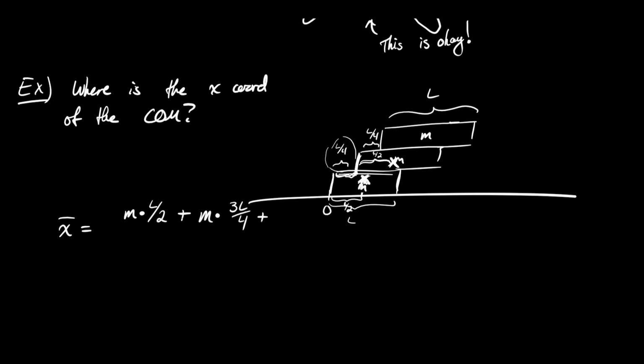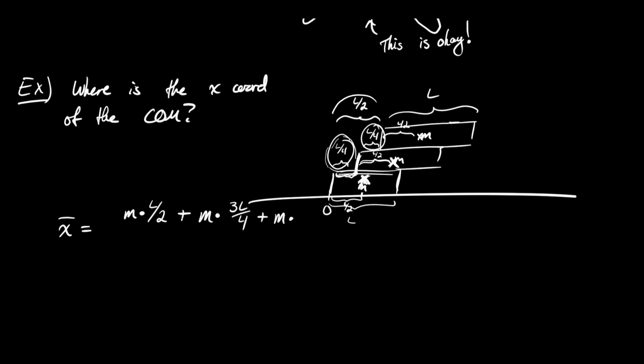So again, we're going to add on his mass times the location of his little x. Now let's see, what location along the left to right axis is that x at? Well, it's L over 2 away from that edge, and that edge is L over 4 and another L over 4, so 1/2 L away from 0.